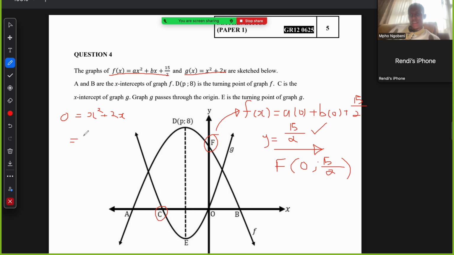Then we solve for x, we can take out x as a common factor. Then we are left with x plus 2, and then x is equal to 0, or x is equal to negative 2. So which one comes here? What are the coordinates of C? Negative 2.